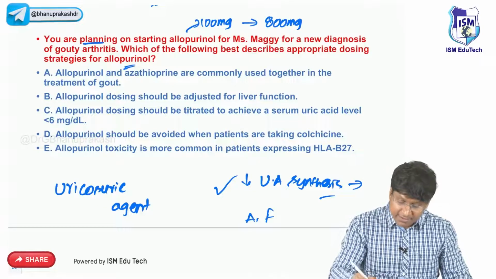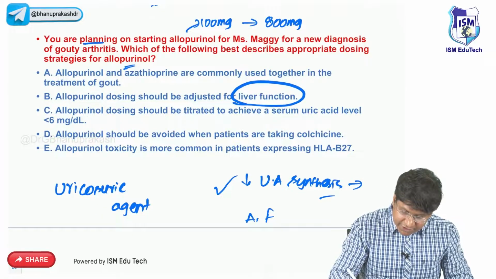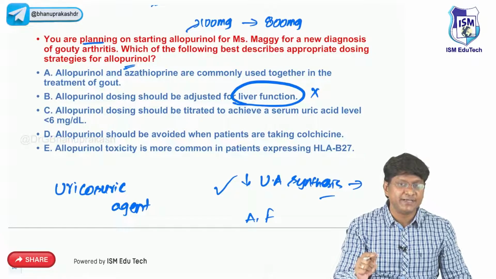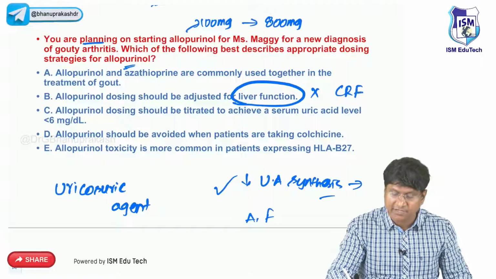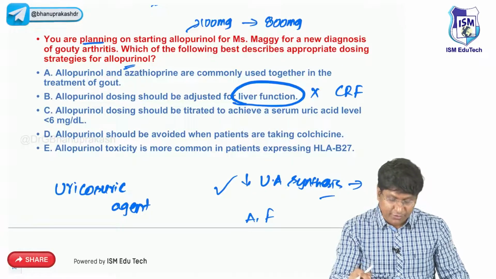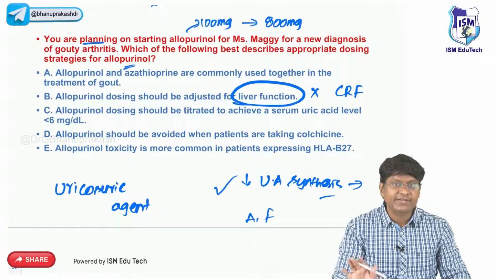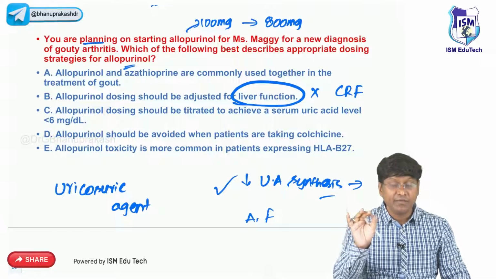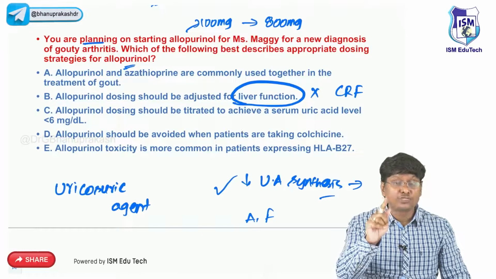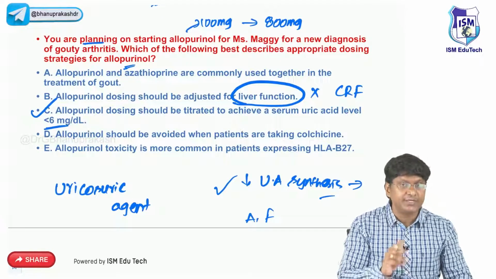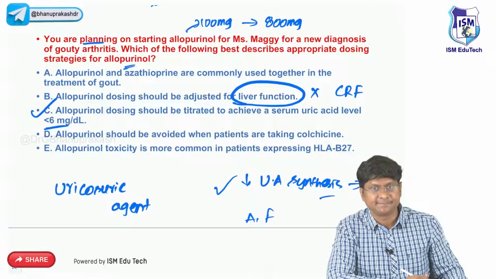And remember, it is not in patients with liver disease that you require the dosing adjustment. You require the dosing adjustment in patients with chronic renal failure. It is not the liver disease patients, right? And whenever you are giving allopurinol, what should be your target value of urate? The target value of urate should be less than 6 milligrams per deciliter.